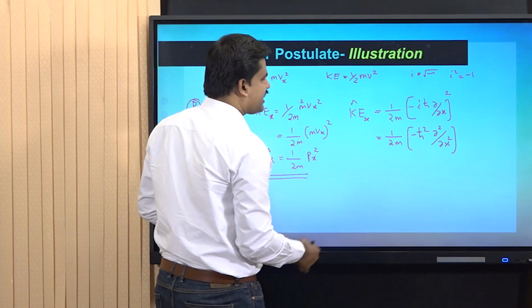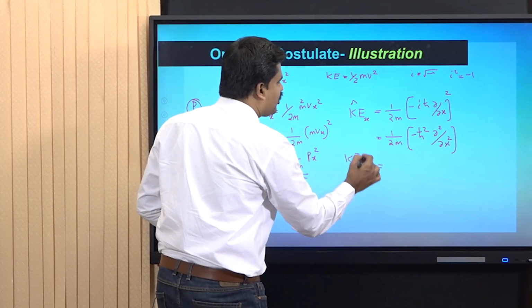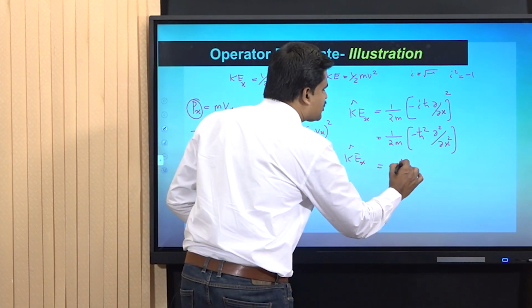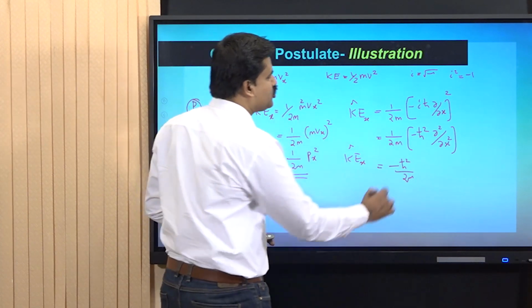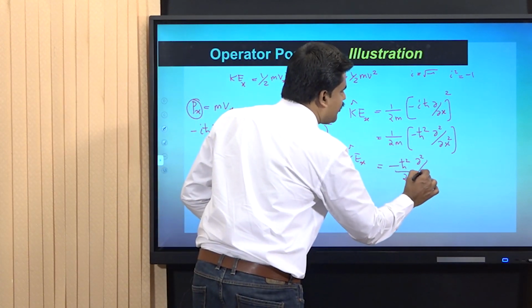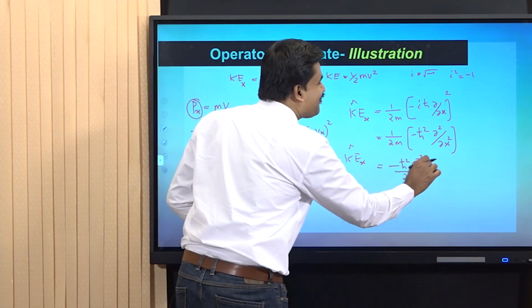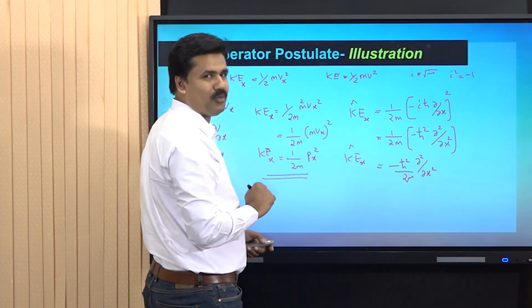On proper rearrangement, the kinetic energy operator along x direction is minus h cross square by 2m dou square by dou x square. It should be noted that there is always a place for every operator where we put the operand.